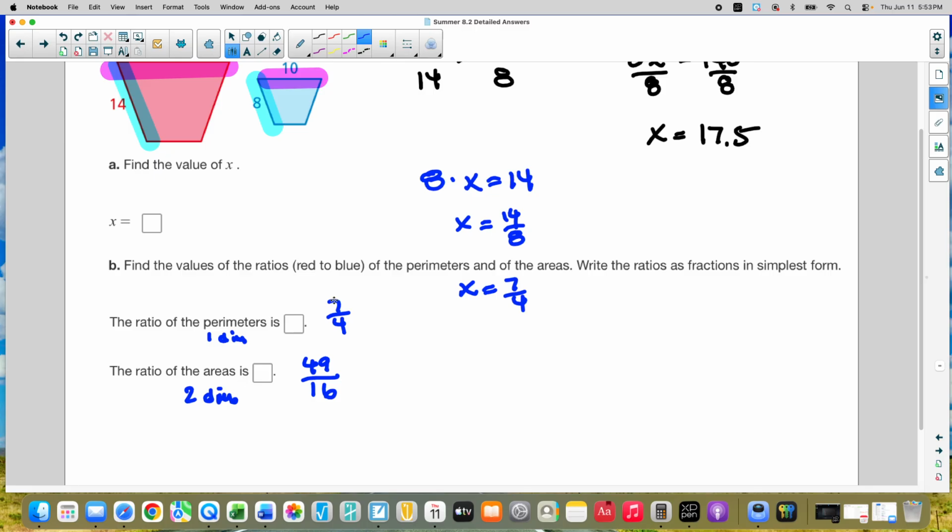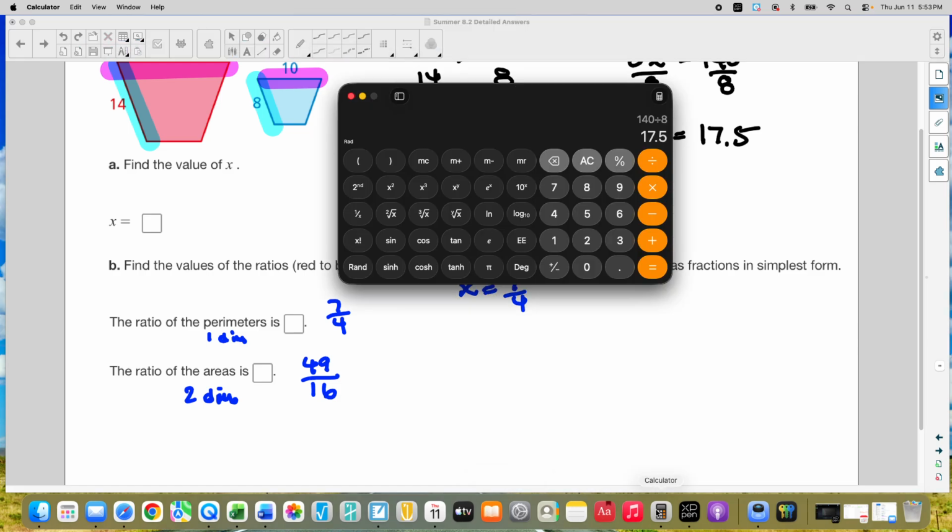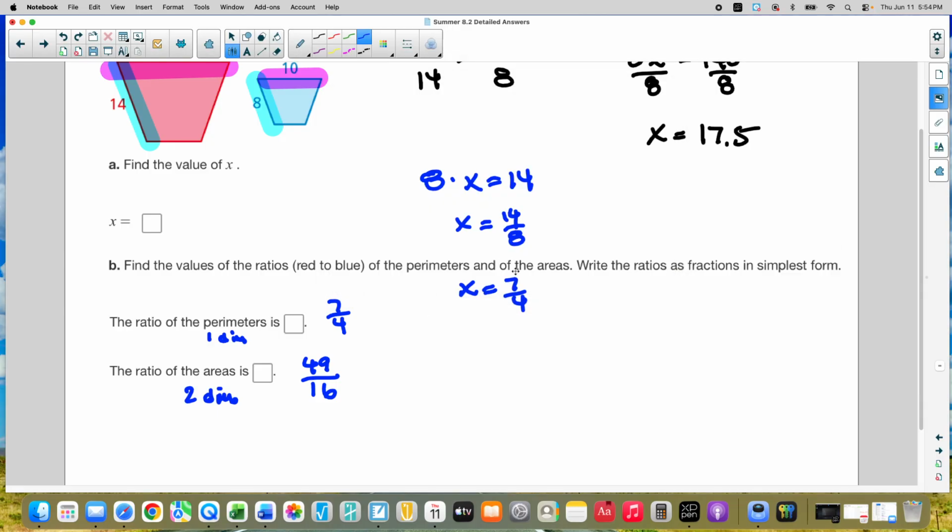So we would do 7 to the 3rd and 4 to the 3rd. So 7 to the 3rd is like 219? What's 7 to the 3rd? Not even close. 343 over 64 would be the proportional value.